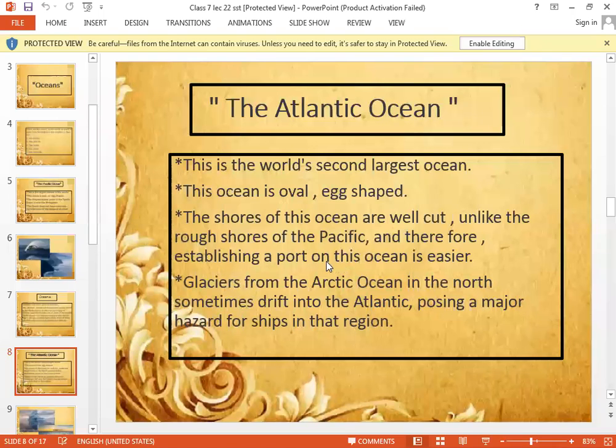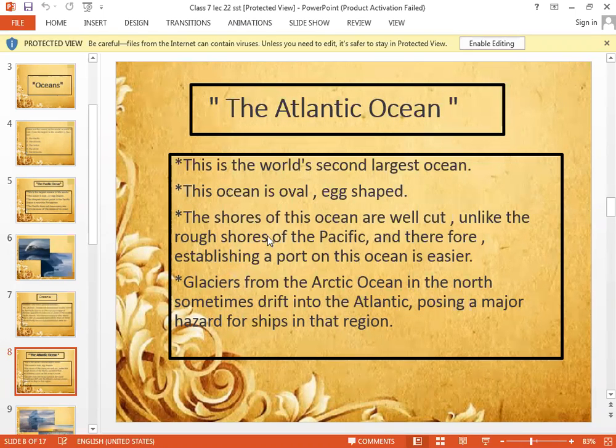यानी इसमें क्या है, पैसिफिक ओशियन जो है वहाँ पर ज़्यादा सी पोर्ट्स नहीं हैं, क्योंकि उनके जो बीचेस हैं, banks of the seas and shores, वो वेल कट नहीं थे, यानी वो रॉकी हैं या बिल्कुल भी उस पे पॉसिबल नहीं है कोई भी एक्टिविटी.